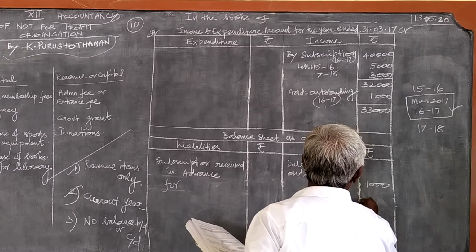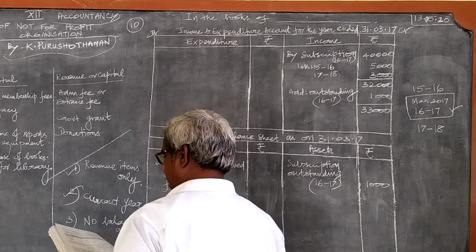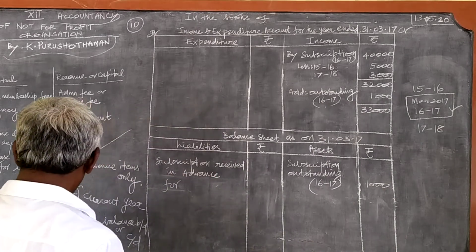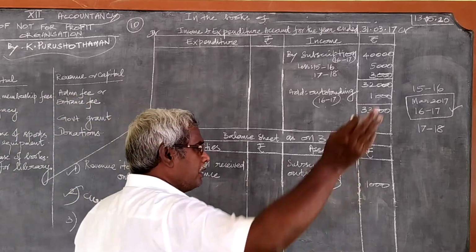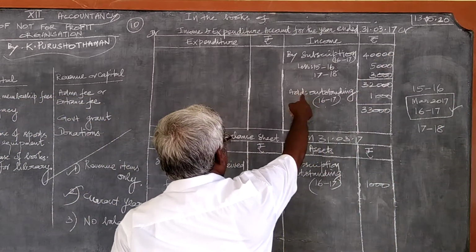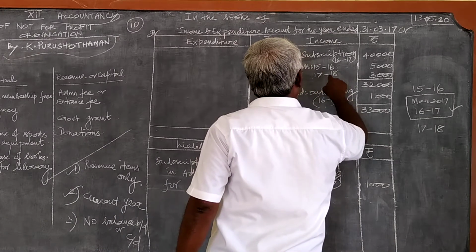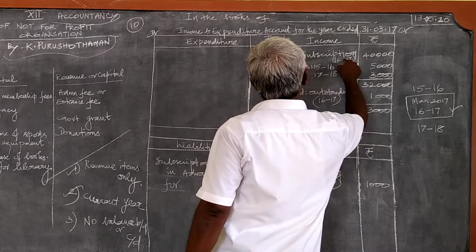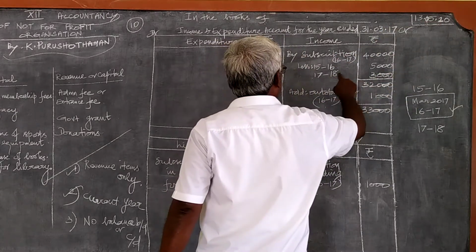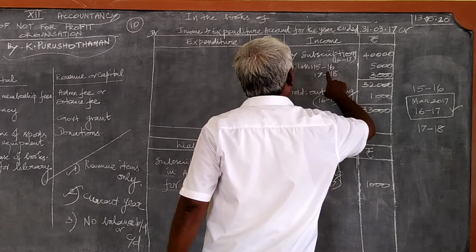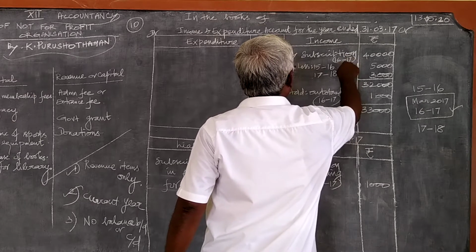That must be shown on the asset side. And on the liability side, what is the amount of subscription received for the future period? Here you can see 17-18 is the future period, and this amount is received in 16-17 itself. Otherwise, we can say the subscription for 17-18 is received well in advance, in 16-17 itself.